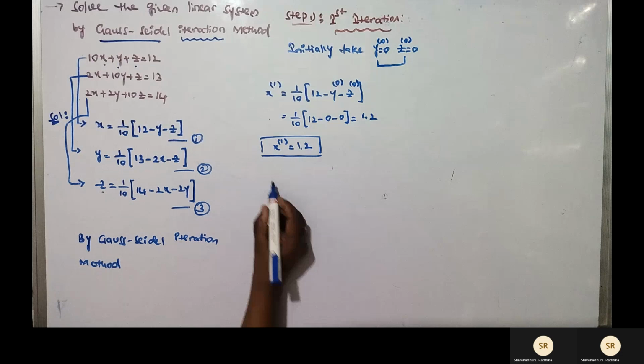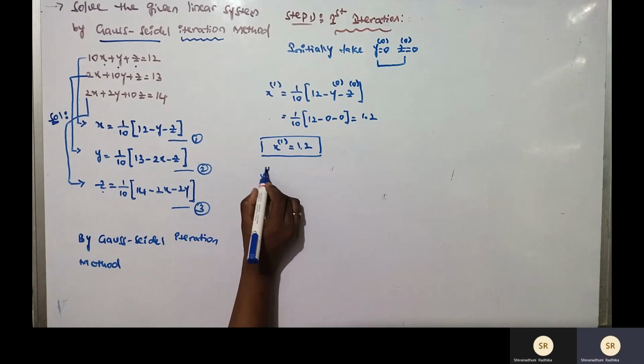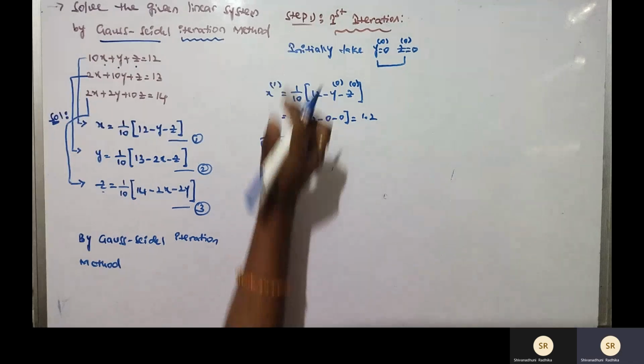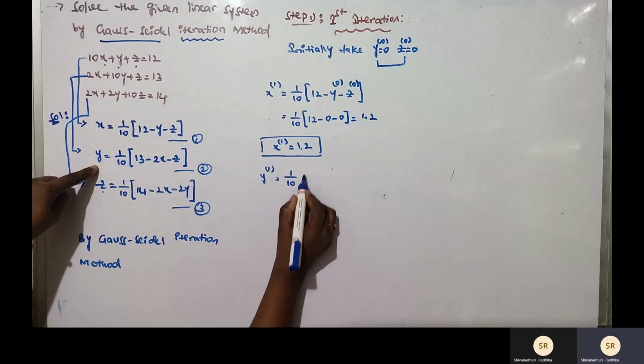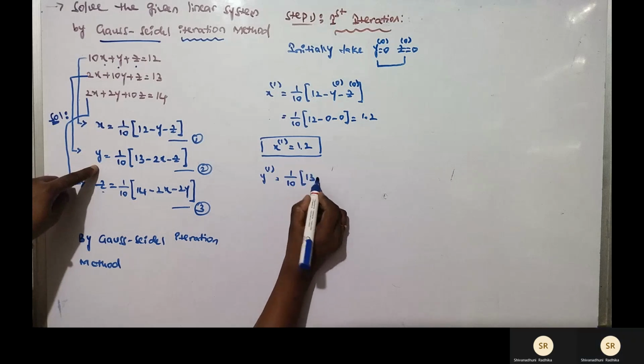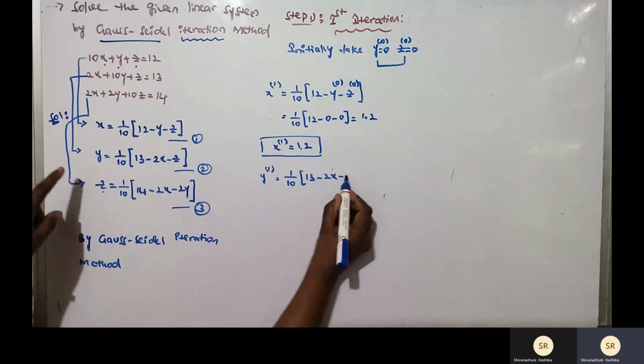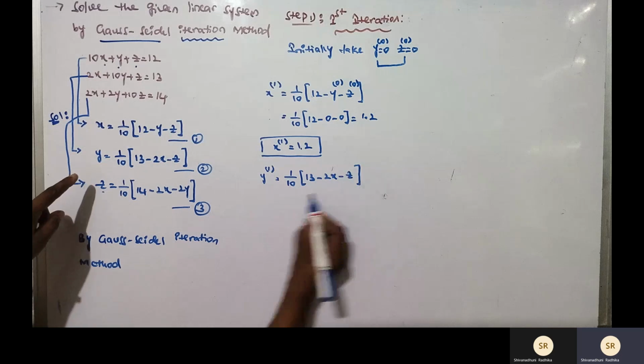Then find the y first approximation in step 1. The y equation is 1 by 10 into 13 minus 2x minus z.